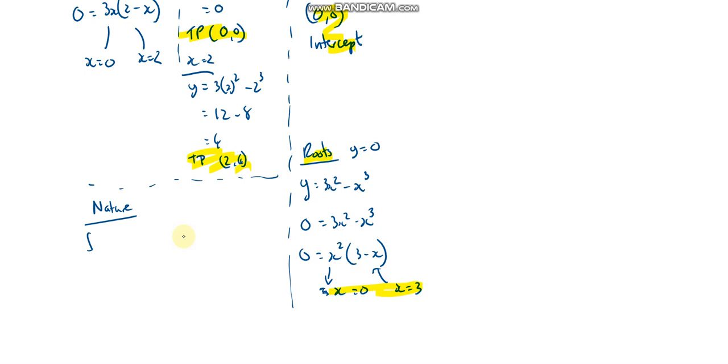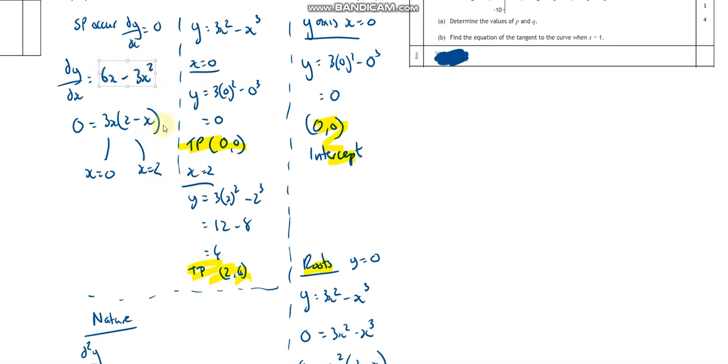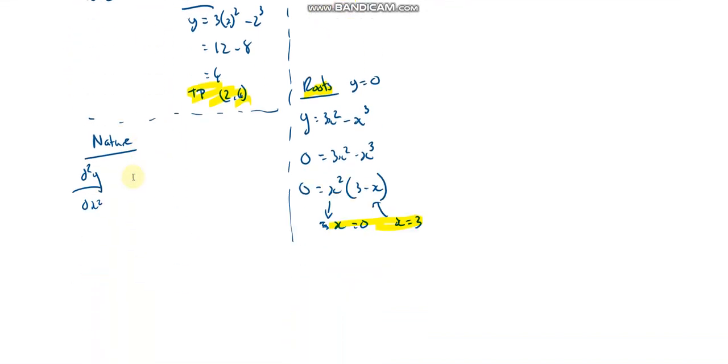But for the nature, I'm going to do my y double dash, not f. So I'm going to do d2y by dx squared. So I know my differential was this. Differential is this.